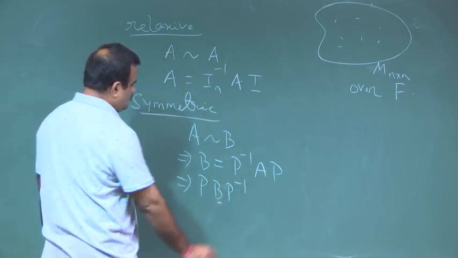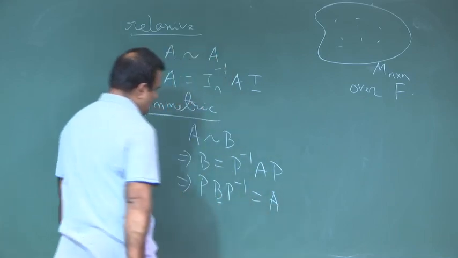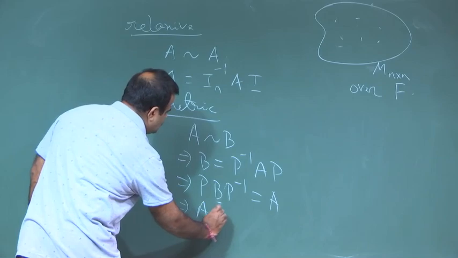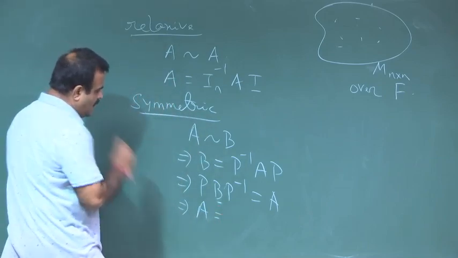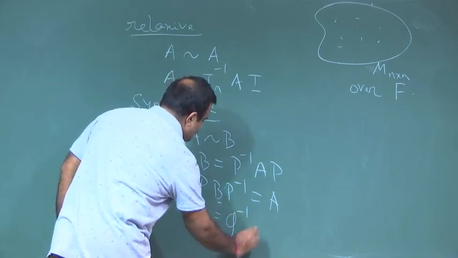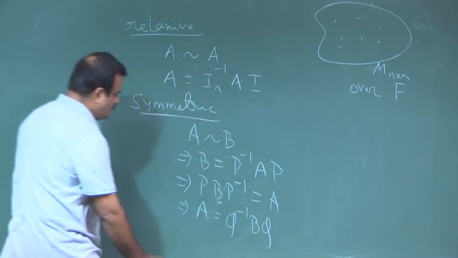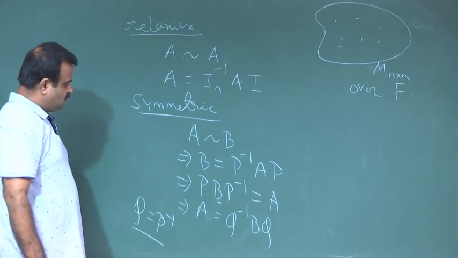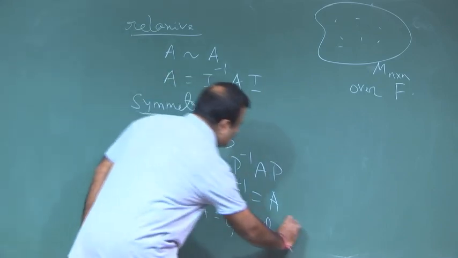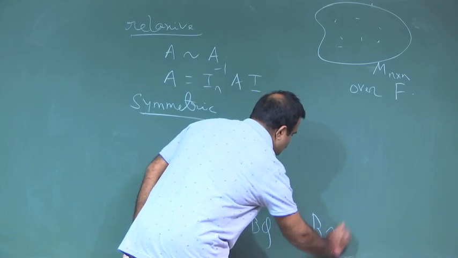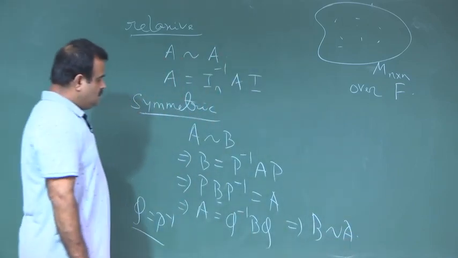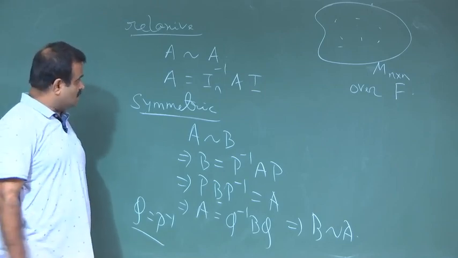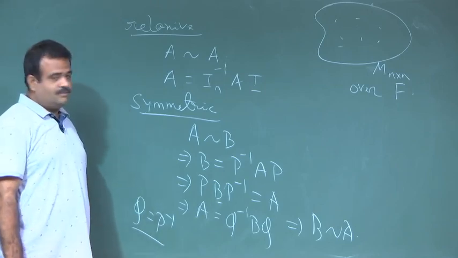So, A is written as Q inverse B Q, where Q is P inverse. P is non-singular, so Q is also non-singular. So, this implies B is similar to A. If A is similar to B, then B is similar to A. This is the symmetric property of this relation.